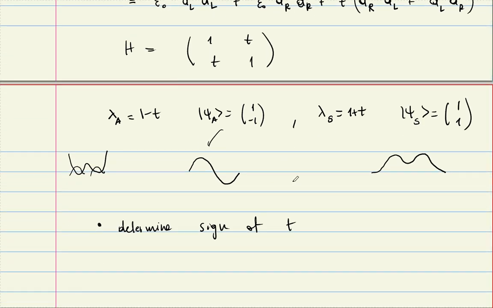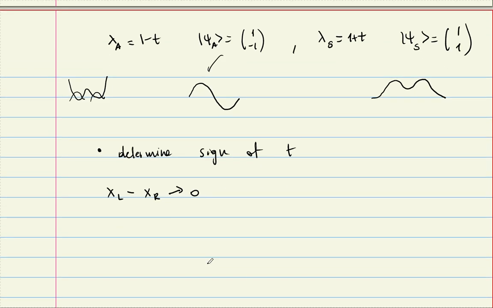When x left minus x right goes to 0, the problem goes to the usual harmonic oscillator, right?